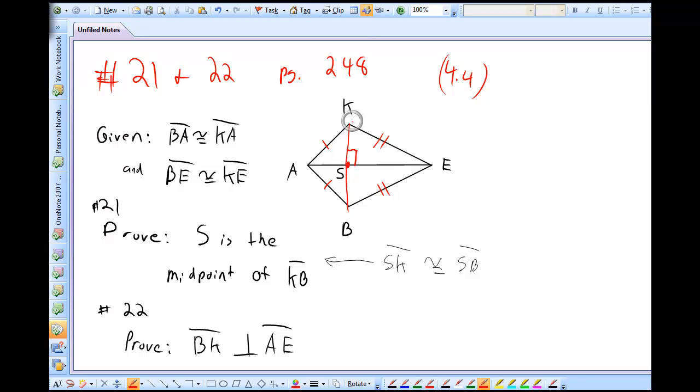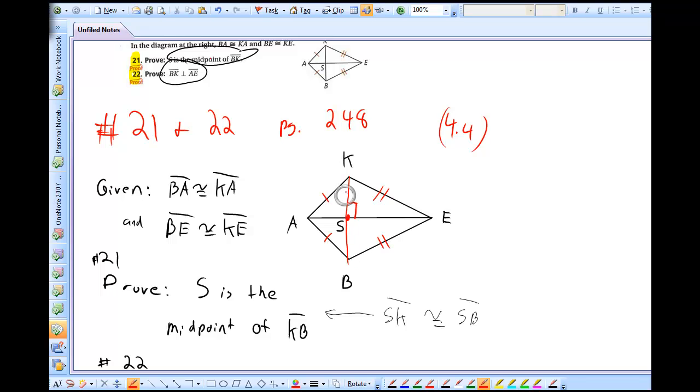That proves that segment BK is perpendicular to segment AE. And that's how you do this proof. It's kind of lengthy, but one piece follows from the other, so you just have to find the little tricks in between. So try working that out.